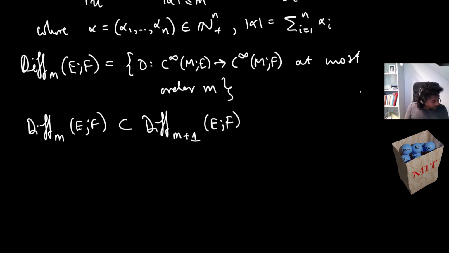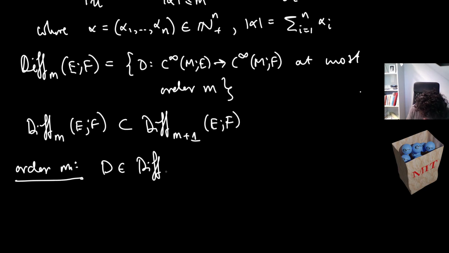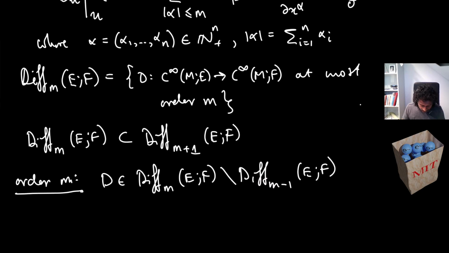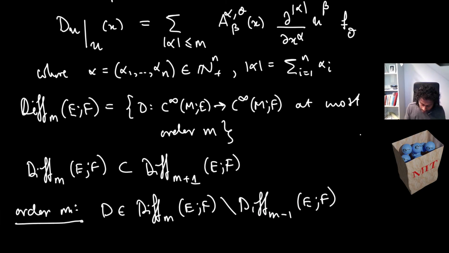But, so maybe this is not pedagogically all that good, but coming back into the definition, we can say it is of order M if D is in Diff M of E, F, but it's not in Diff M minus 1 of E, F. Okay, so it means that somewhere we have to have a non-zero A alpha beta theta in some open set of order M, right?